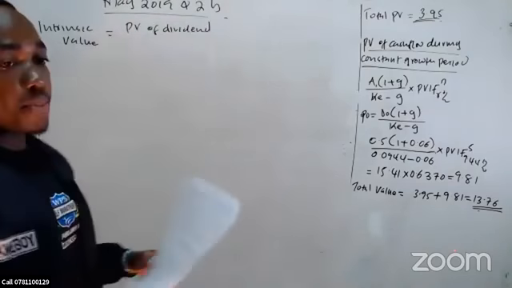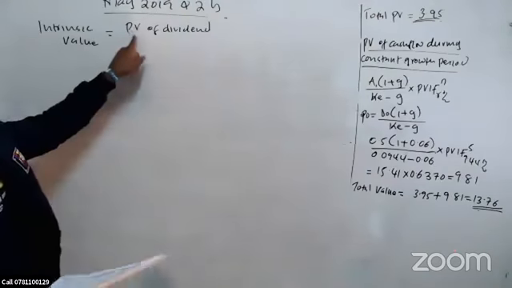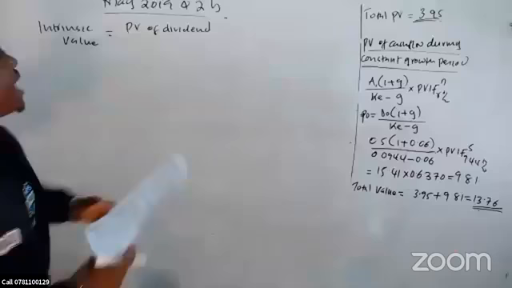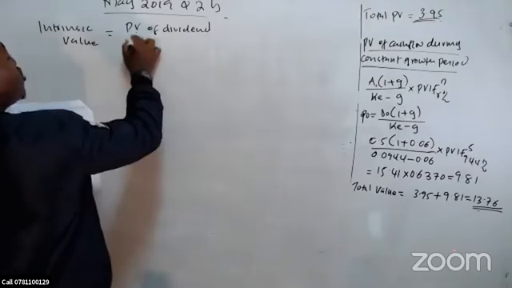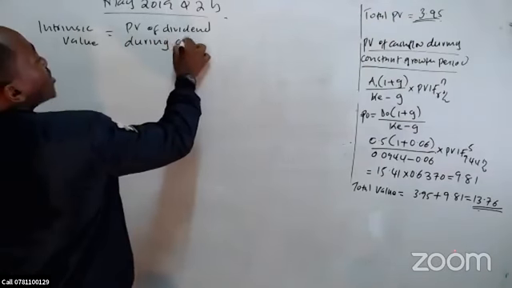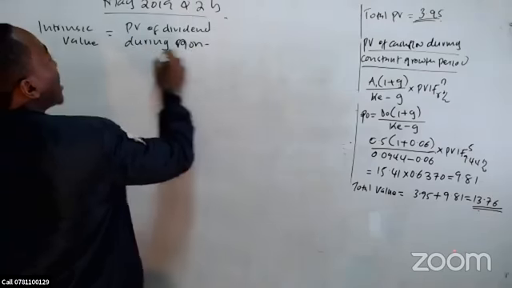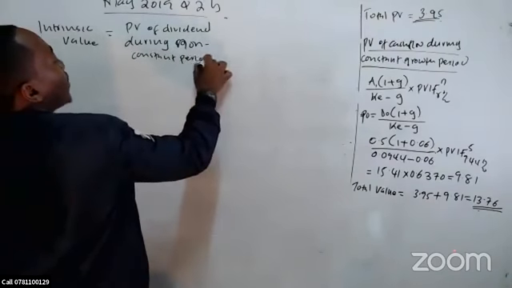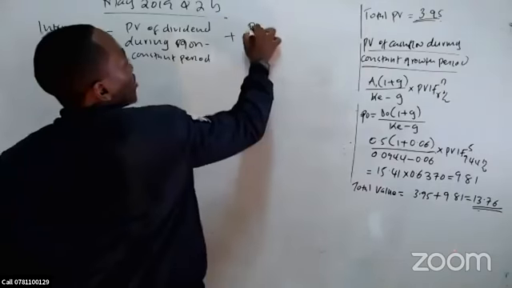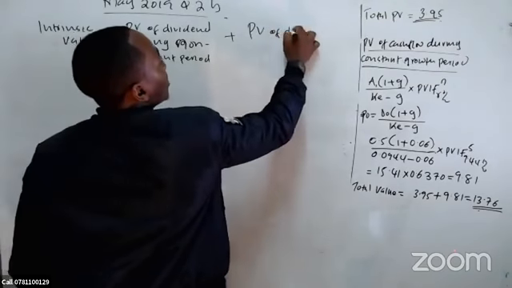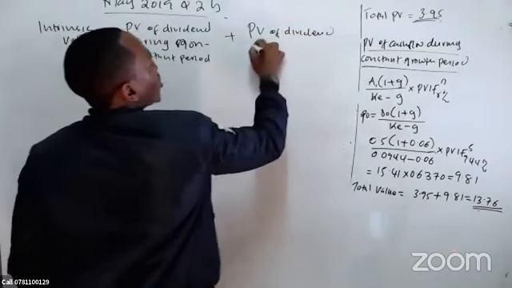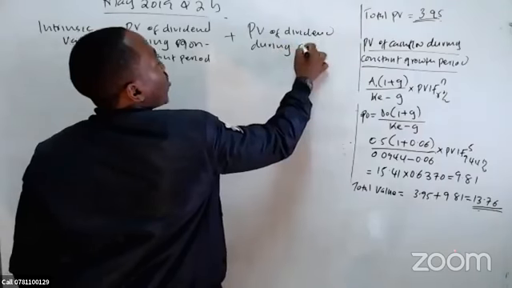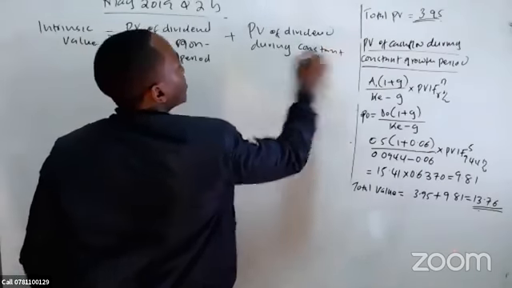If it was for the whole company, you would have used the present value of cash flows. So the present value of dividends during the non-constant period, then you add the present value of dividends during the constant period.